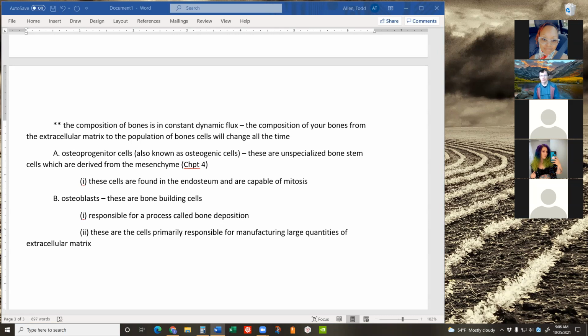True or false? Osteoblasts cannot make collagen protein. What do you think, folks? Okay. So it seems like several of you are suggesting that the answer is false, and you are correct.